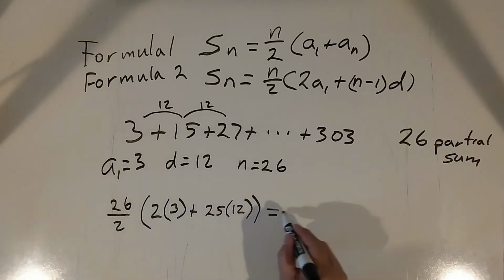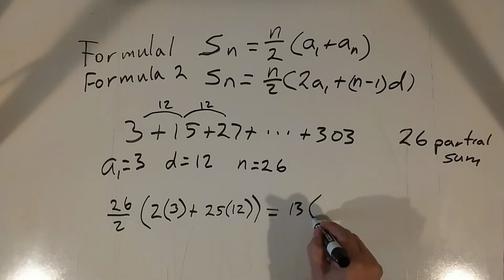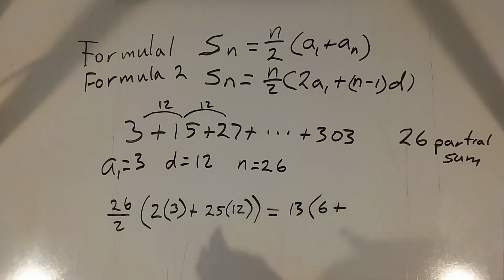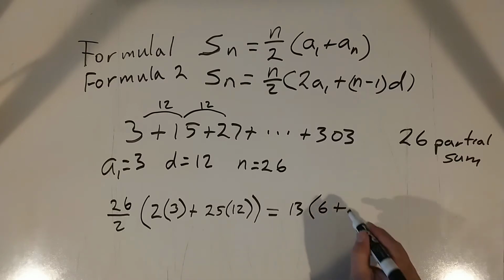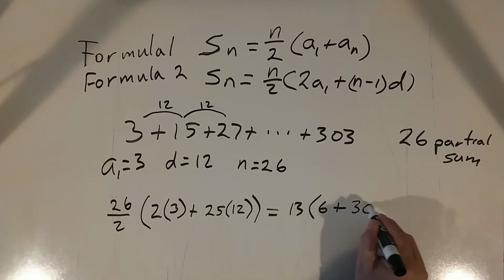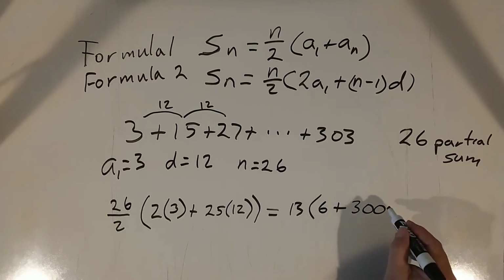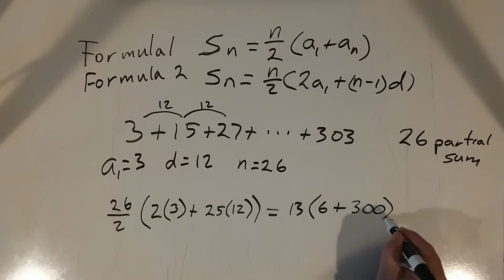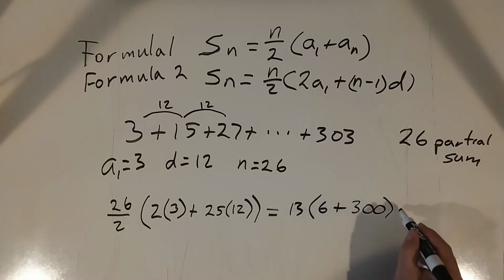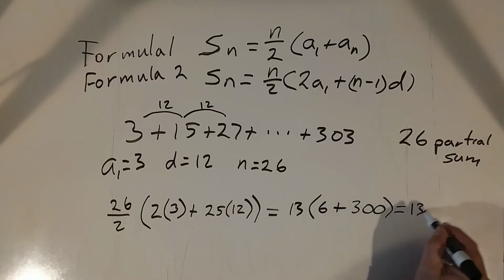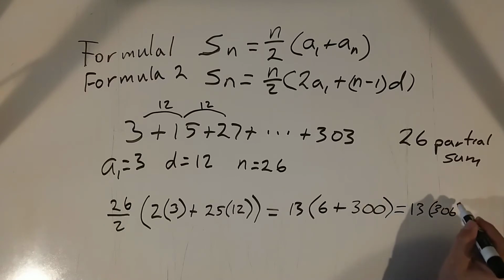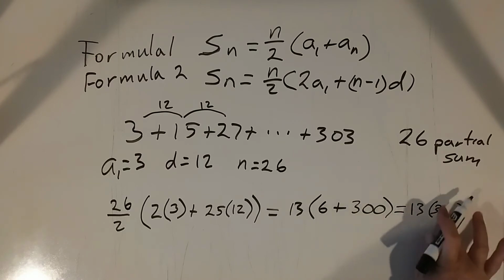This gives us 13 times 6 plus 12 times 25. 12 times 25, I believe, is 300. And so we get 13 times 306. Yeah, 306.